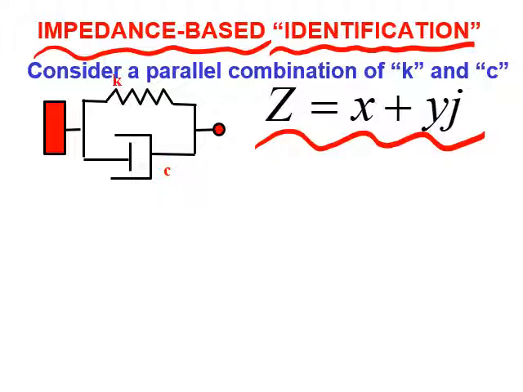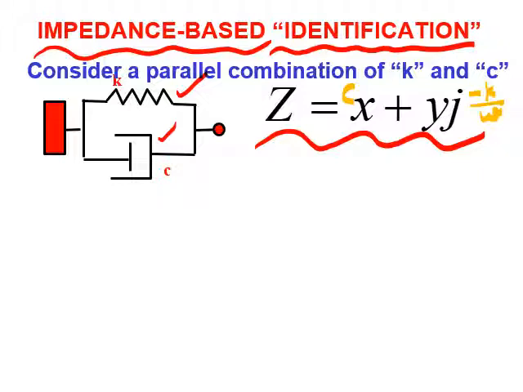For example, if we have a parallel combination of spring and damper, then by using the impedance approach you can find out what is X and what is Y. So here X will be contributed by the damper, so it will be C, and what will be the value of Y? Y will be contributed by the spring and its value will be minus K by omega.